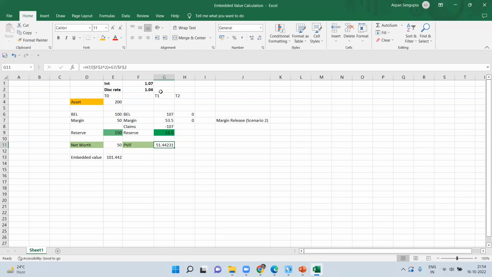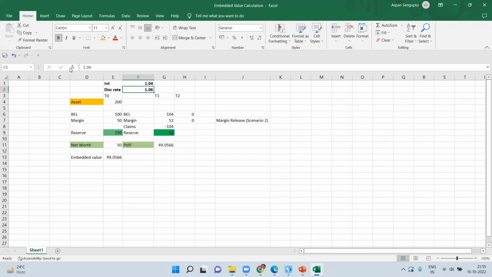So let me change this back to 4, and here I'm changing this to 5, say, or 6, because there is a matching adjustment, since this is an annuity portfolio. So I am using a higher discount rate: apart from the risk free rate, we are adding the matching adjustment.